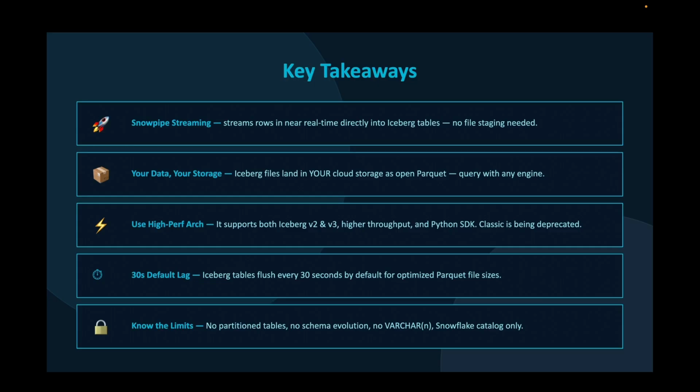So with that, we have covered how to use Iceberg tables with Snowpipe streaming to ingest large volumes of records into Snowflake and make the data more interoperable, to use different query engines to query the same data via a managed Iceberg table in Snowflake that is loaded via the Snowpipe streaming service.